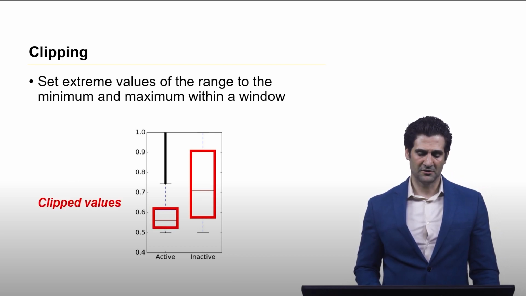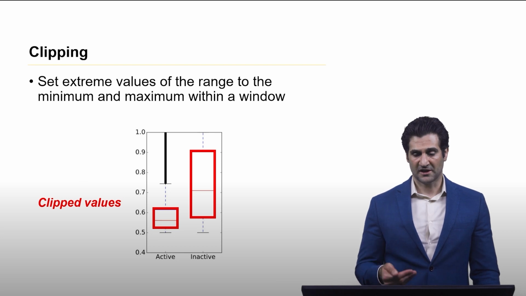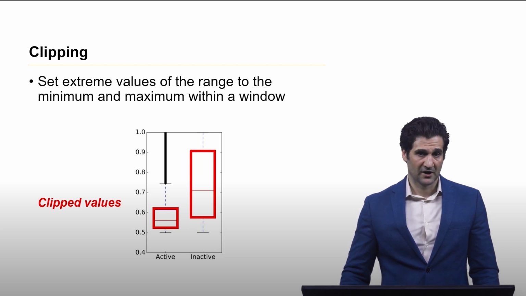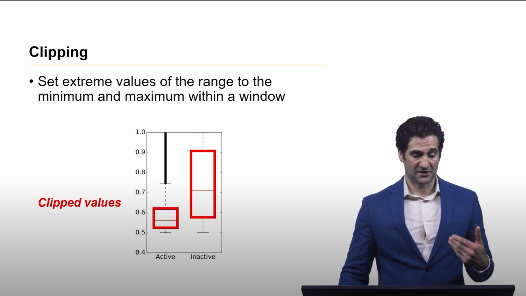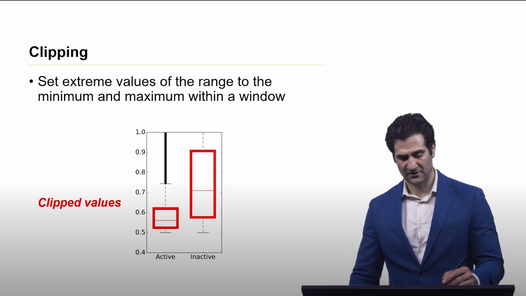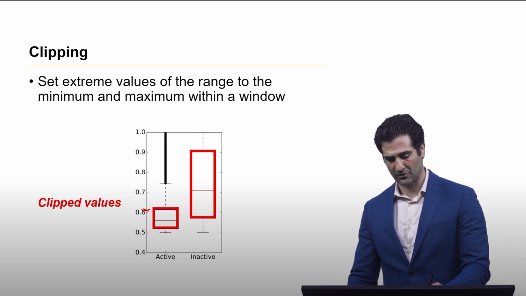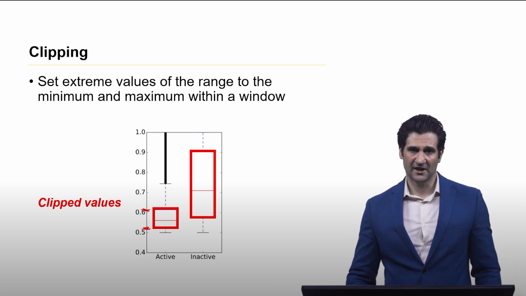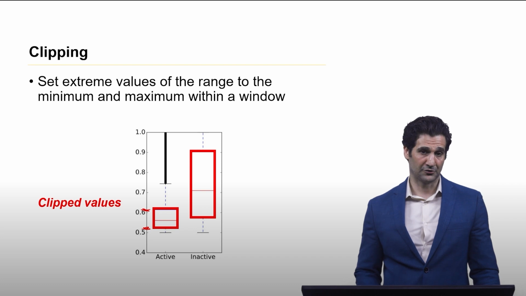With clipping, we would set the range to be within a certain number of standard deviations from the mean, and everything outside of that would be set to the values at either the upper or lower end of those boxes. This is also a way to help reduce the effect of outliers on data.